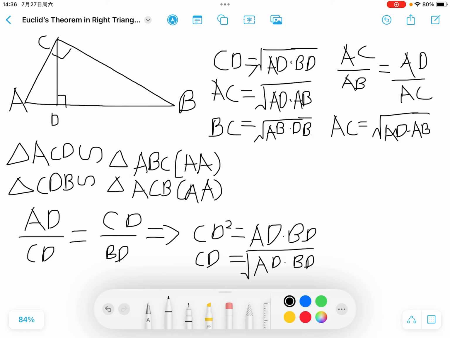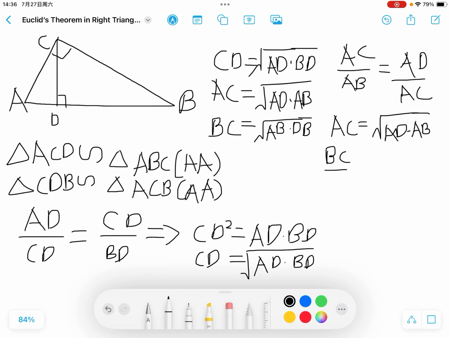For the last rule, you probably know what to do. You look at the side lengths. This involves BC, AB, and also DB. So we choose triangles DCB and ACB to work with. BC is the hypotenuse for BCD.